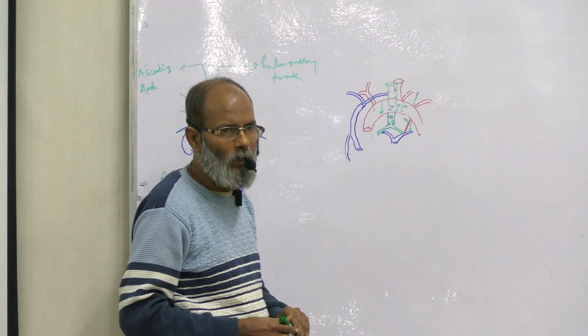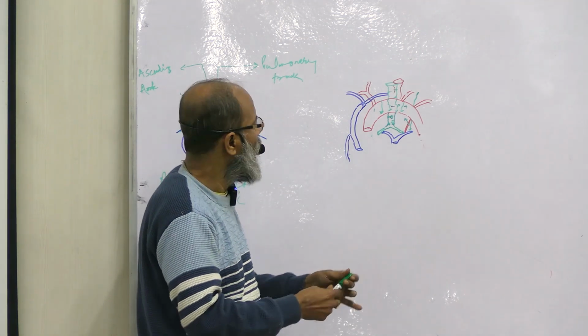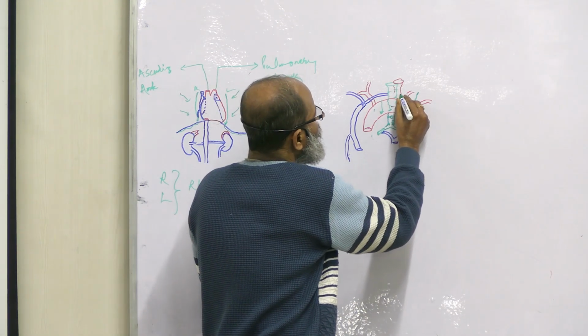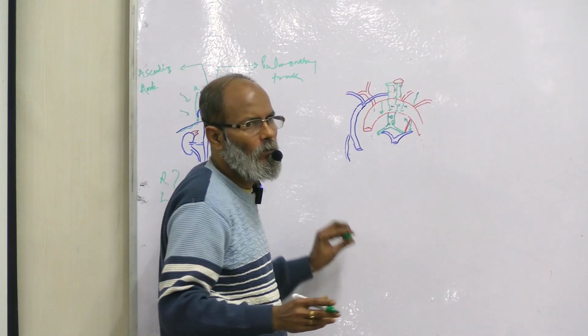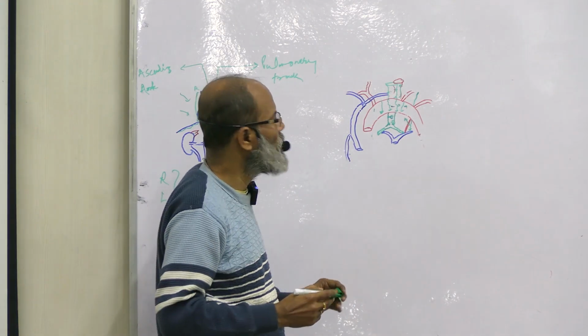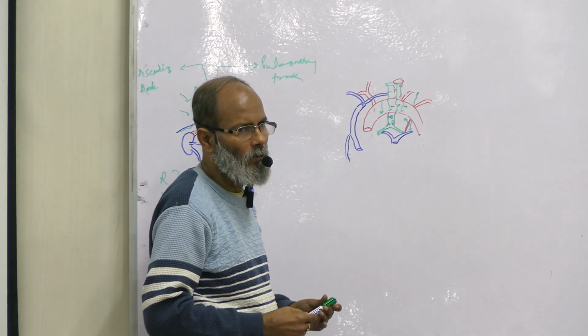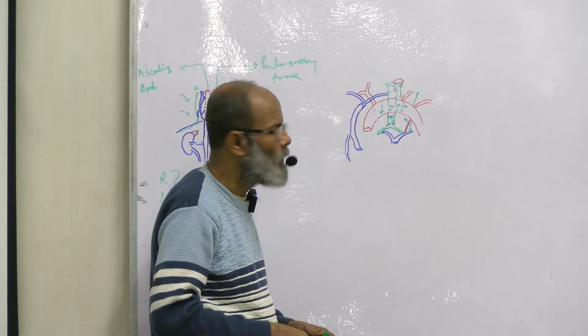Coming from the left vagus, a branch that hooks, and it comes in the groove between the esophagus and the trachea. This is the left recurrent laryngeal nerve.